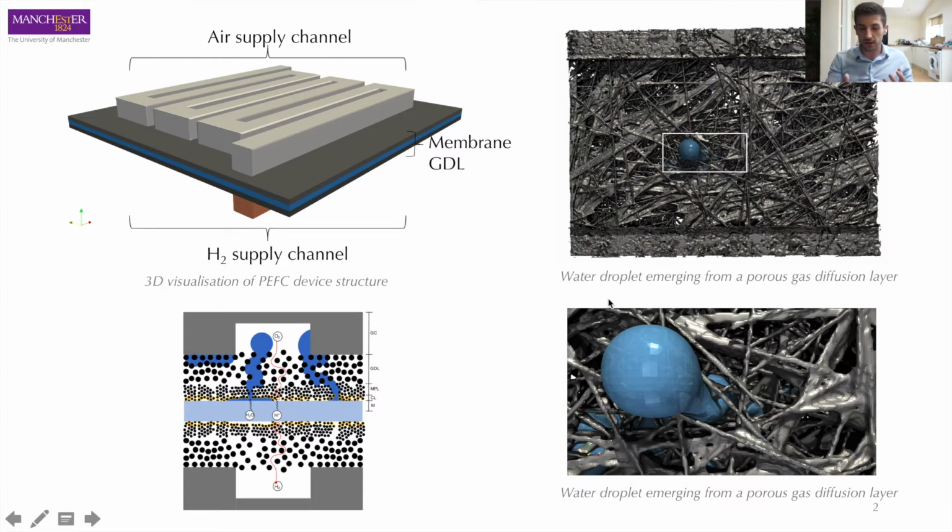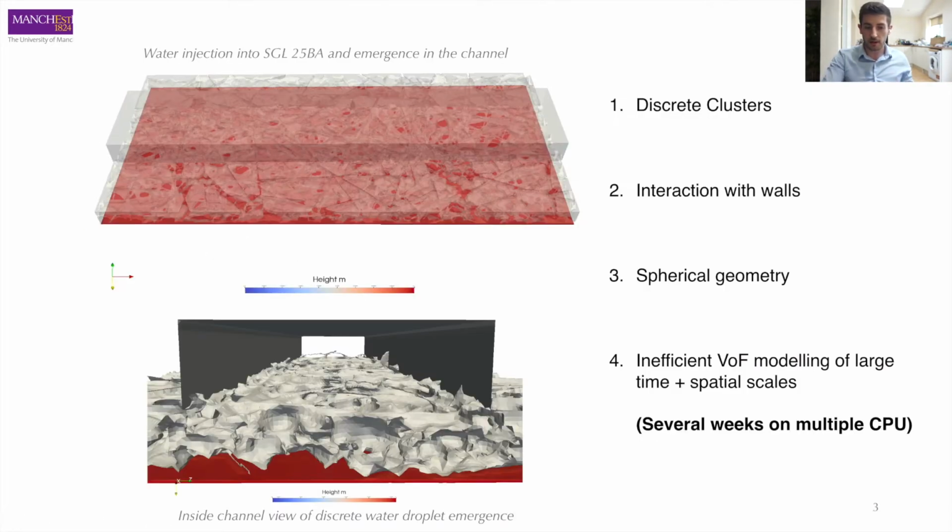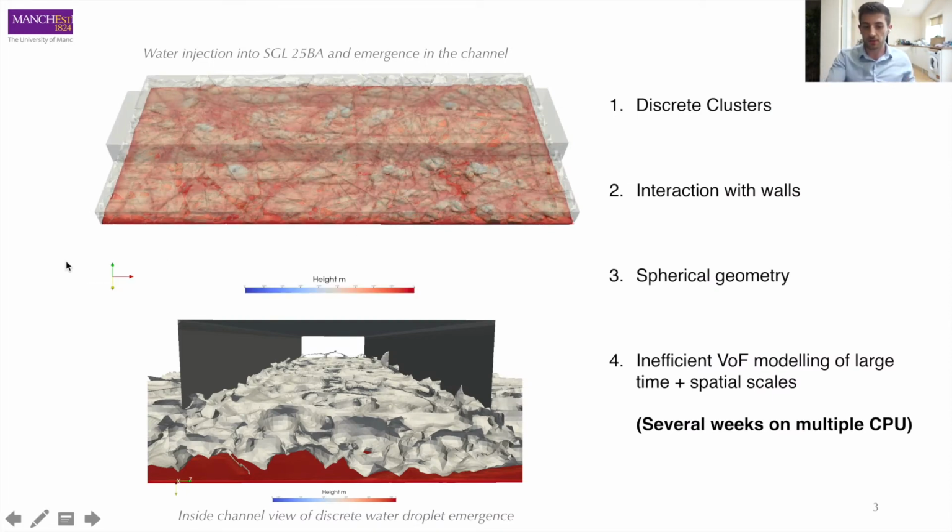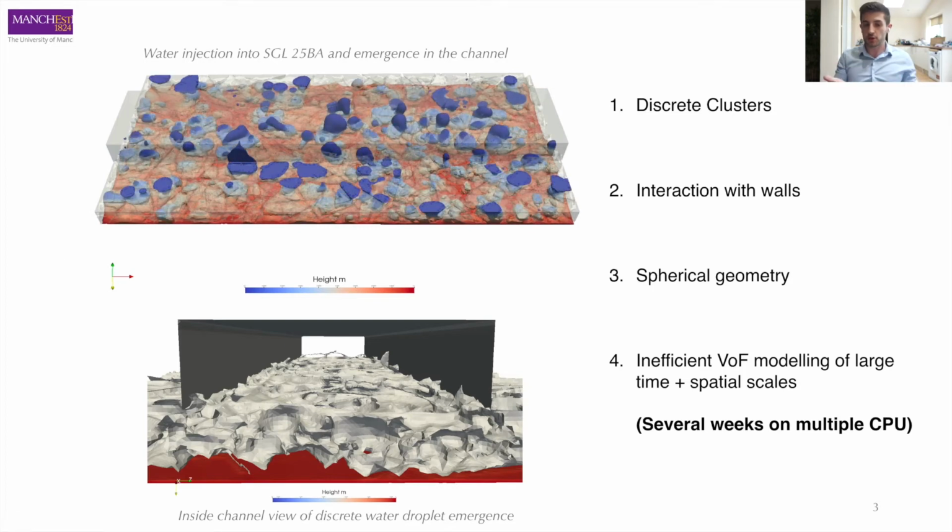And we're interested here in this talk, how do these droplets emerge and accumulate in this channel? So I've done some volume of fluid simulations, as you can see here by this video, where from water injection into a gas diffusion layer material, you can see that there are multiple discrete clusters that form along the channel, either in the center of the channel or close to the channel walls, which then means they may interact with the side walls.